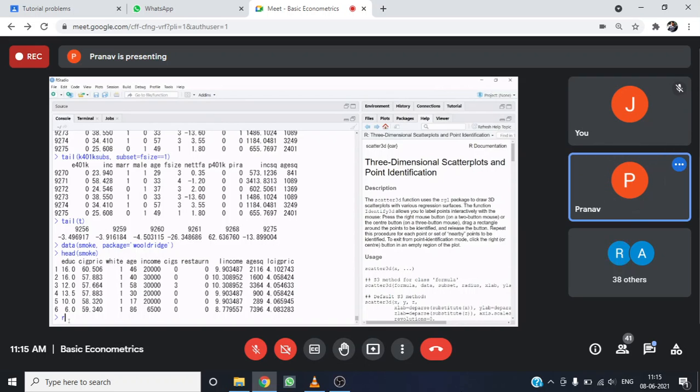So can you repeat, please? Yeah. Run a regression of number of cigarettes against age squared, log of income.